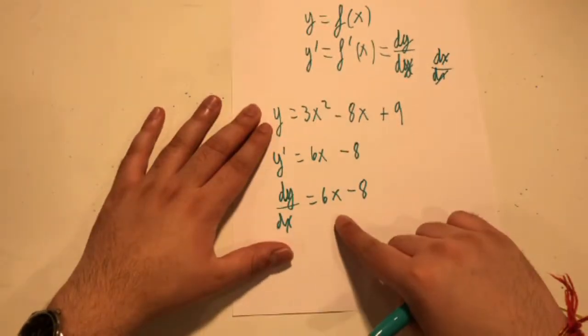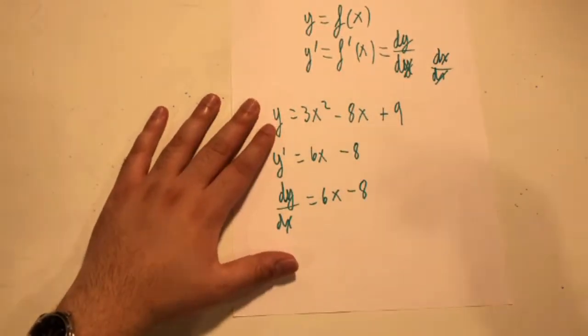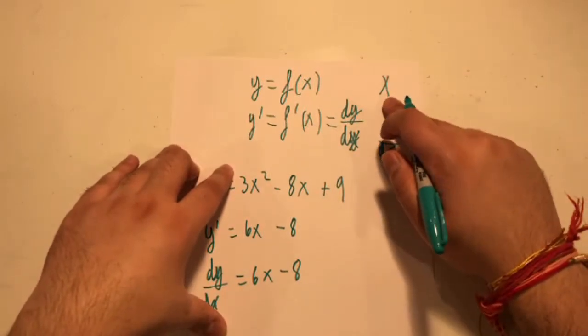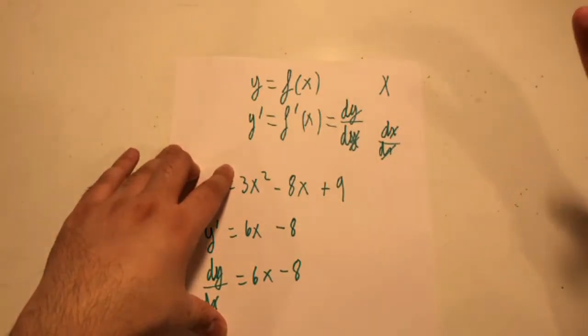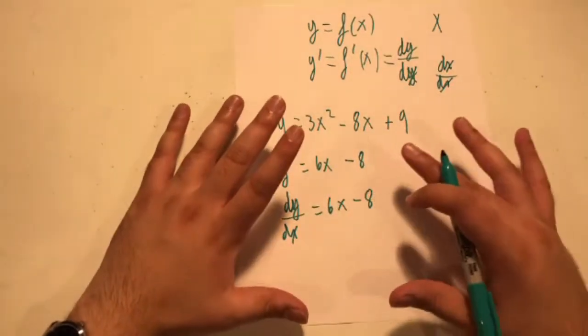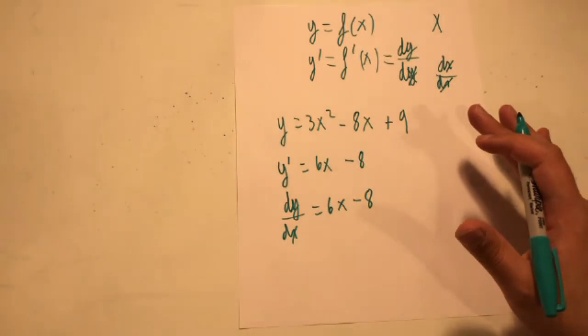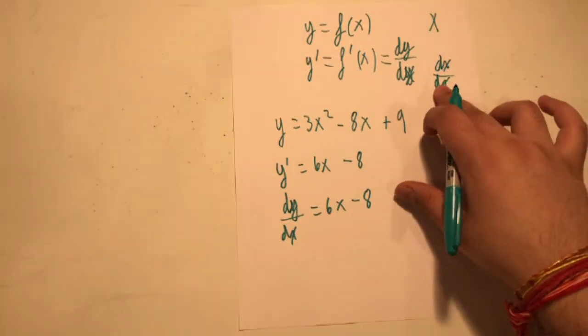That's why you don't actually end up seeing it there. It is there. It's the same way 1 is technically the coefficient of this x variable, but we don't need to write it. Because we're differentiating in terms of x, we don't actually end up writing this bit.